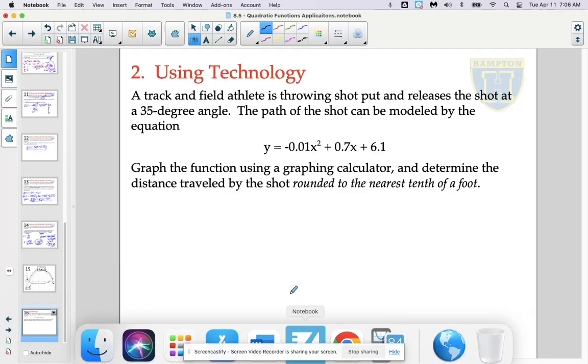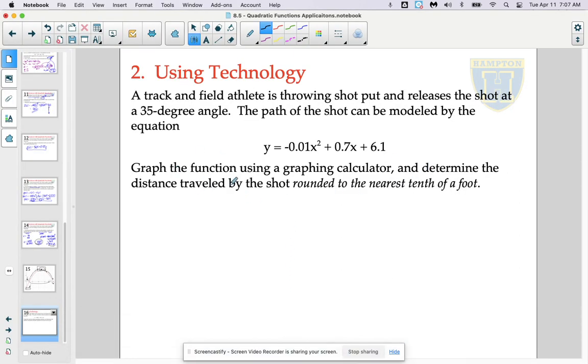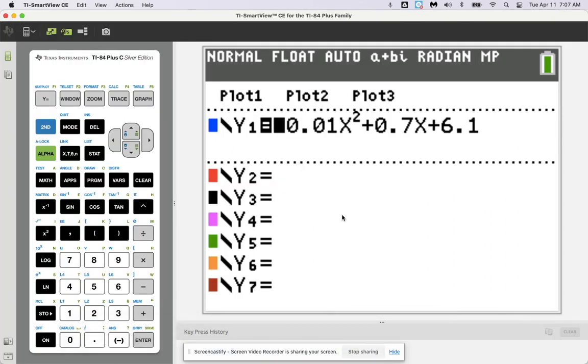Your primary concern is making sure that you're looking at the distance traveled by the shot. Now, it's not clear that that's the horizontal distance, but that is the decidedly more interesting one than the vertical distance. But since we are looking for a distance and not time, we have to reconsider how we think about the x and the y. In this case, x is going to be a horizontal distance and y is going to be a vertical distance.